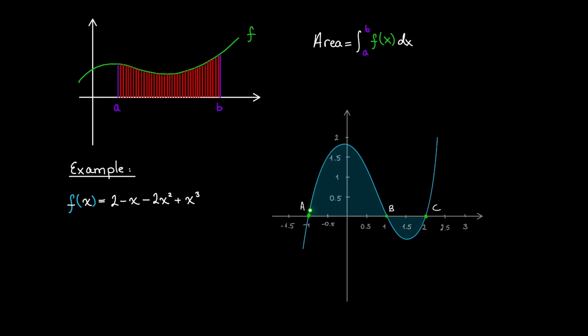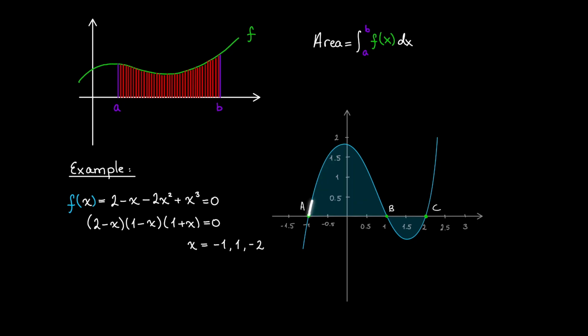In this case, point A, point B, and point C. Now, at these 3 points, the y value is going to be 0, meaning to find them, we can actually take our function equated to 0 and solve for x. Next, I factorized our cubic function, equated it to 0, and the 3 values of x come out automatically.